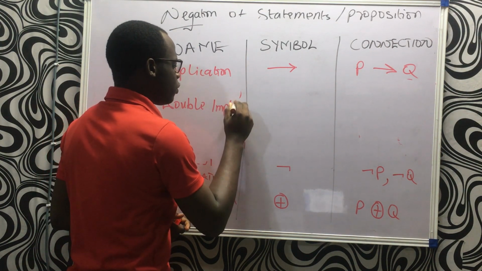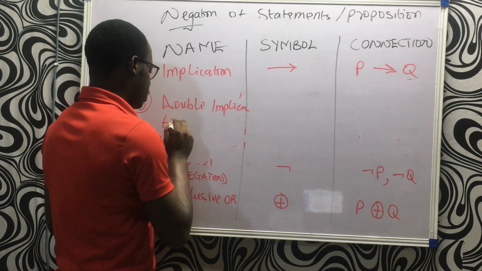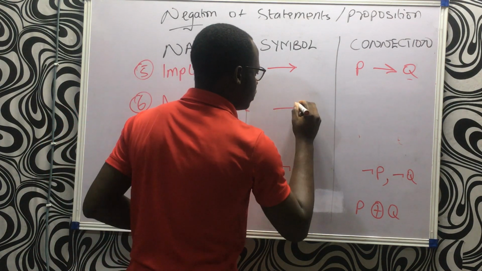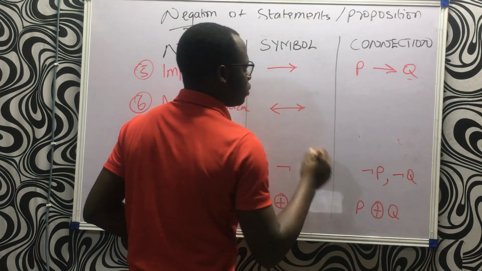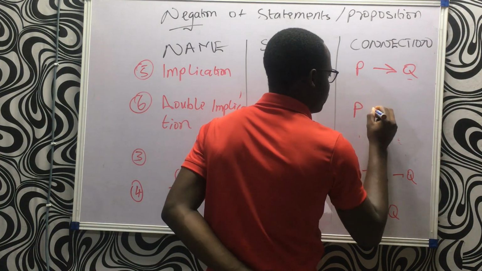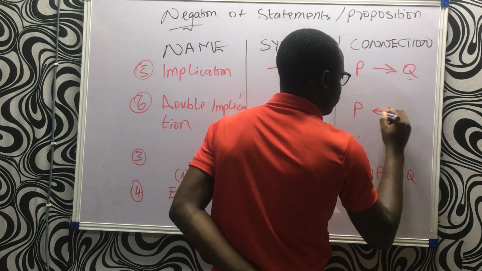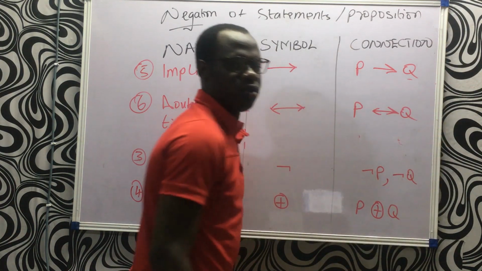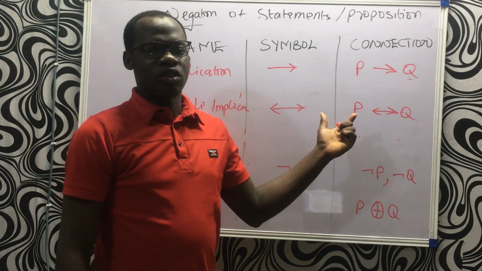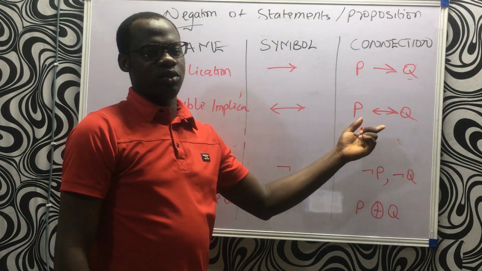Now this is the symbol for double implication. So you have P double implication Q. So that is what we have here.